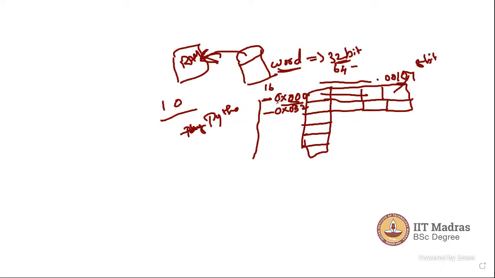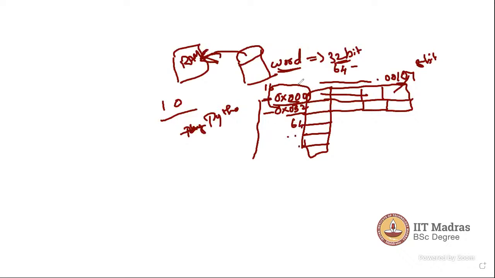This will point to the first memory location of your memory. Since it is a 32-bit processor, the word representation in your computer architecture means the next representation starts at 32. 0 to 31 will be the first word, 32 to 63 will be the second, and here it will start from 64. Like that it goes on.